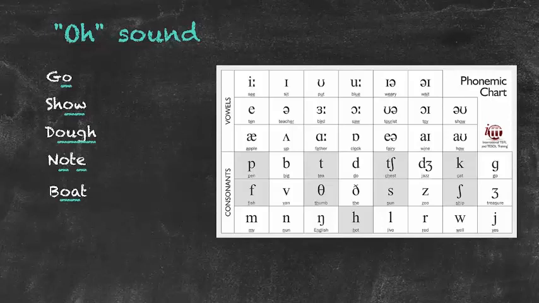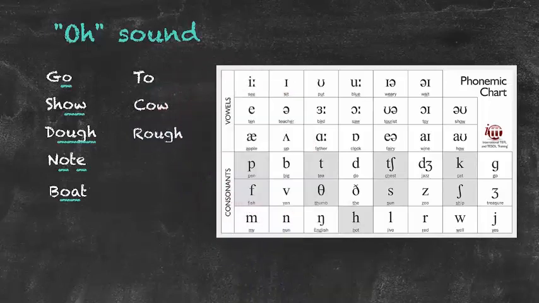They remember that these spelling combinations help to produce the O sound, and they can go about their business looking at the words and memorizing this, knowing that these spelling patterns will produce the sound O. Now that's okay until we get to a situation where we can also have words like to, cow, and also rough.